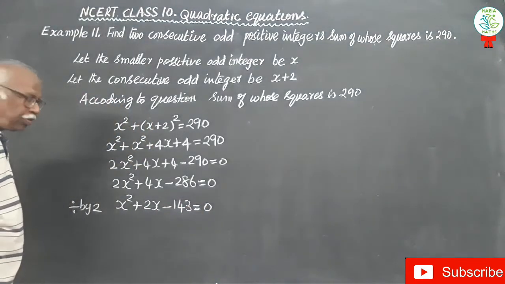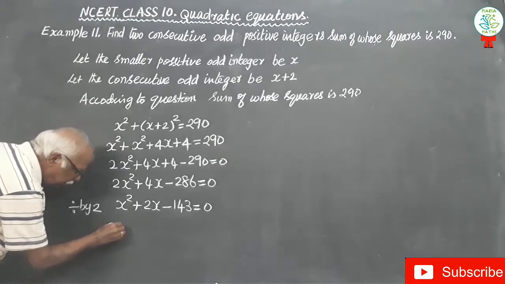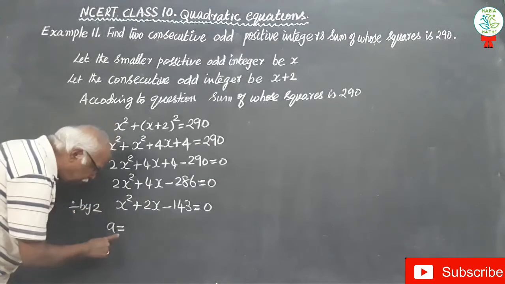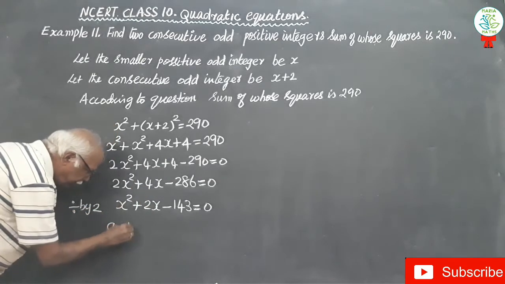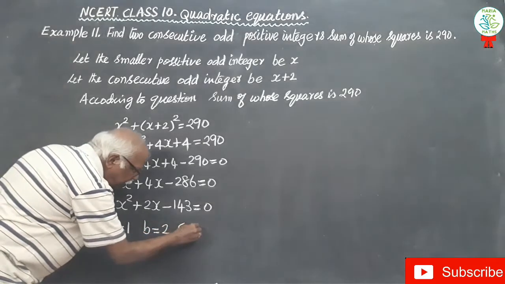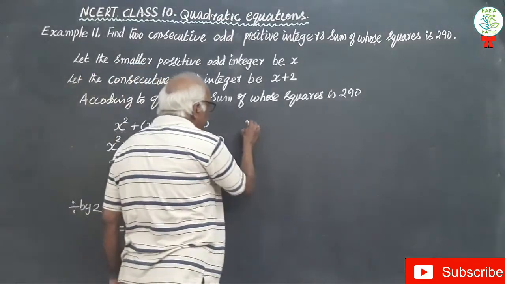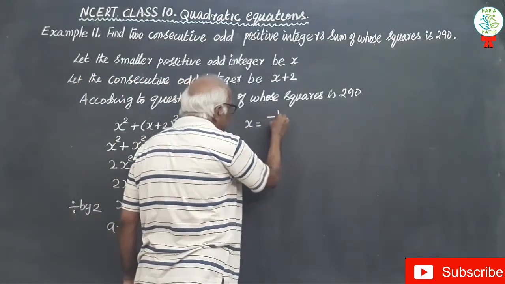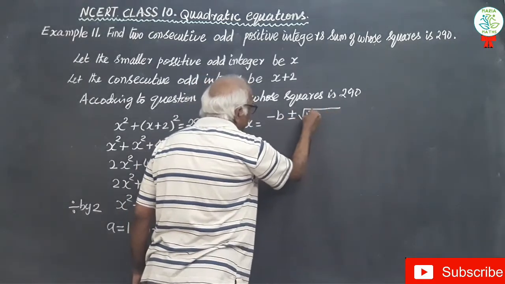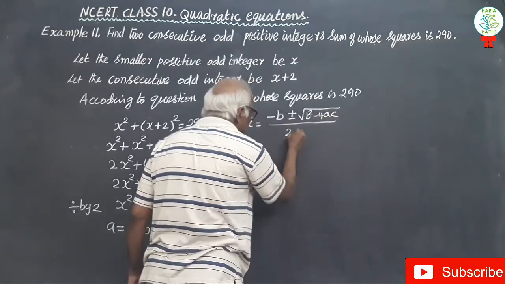Now we have to apply the quadratic formula. ஒரு standard quadratic equation ax square plus bx plus c க்கு equate பண்ணா, a is 1, b is 2, c is minus 143. Quadratic formula: x is equal to minus b plus or minus square root of b square minus 4ac by 2a.